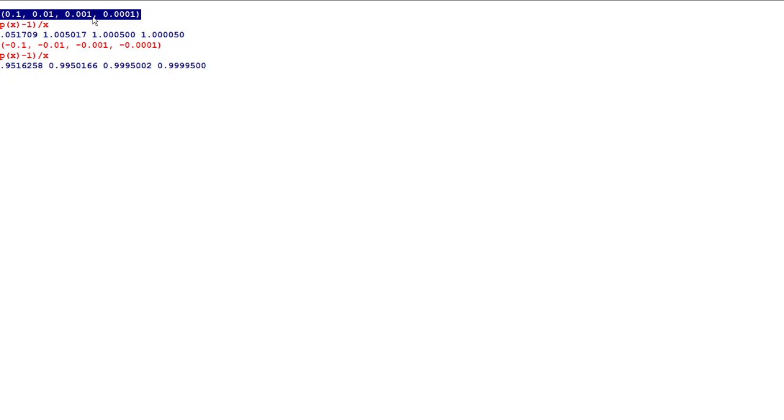As x approaches 0 from the right, these are the values of the function at the numbers 0.1, 0.01, and so on. From these values, you can see the limit of the function as x approaches 0 from the right. The limit of the function is equal to 1 as well. So these are the numbers getting closer and closer to 1 as well, right?